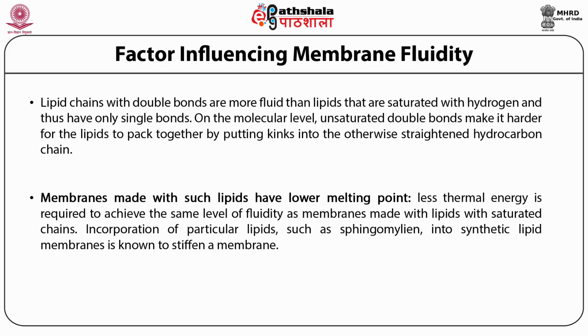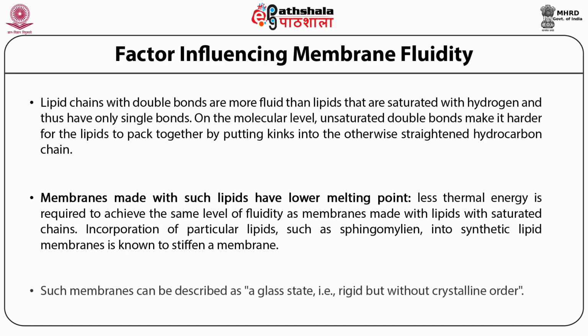Therefore, the incorporation of particular lipids such as sphingomyelin into synthetic lipid is known to stiffen a membrane. Such a membrane can be described as a glass state: rigid but without crystalline order.